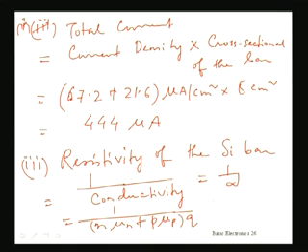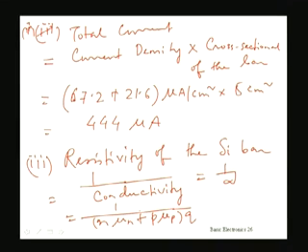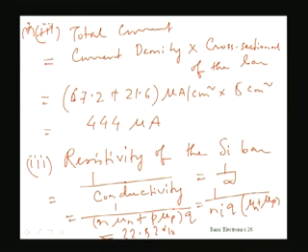If you substitute all these values which we already have, because n and p are nothing but n_i, I can take n_i out, so n_i into q, then (mu_n plus mu_p), which will give you the resistivity, and that is equal to 22.52 into 10 to the power 4 ohm centimeter.